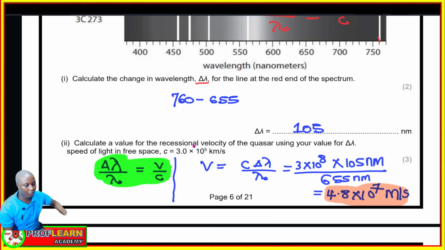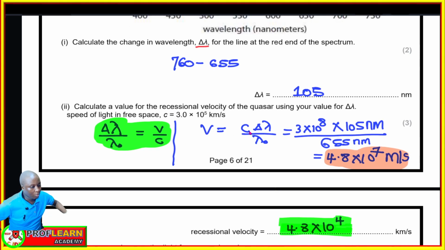Now, to calculate the recessional velocity of the quasar, we are going to use the change in wavelength over the original or standard wavelength, which equals v over c.